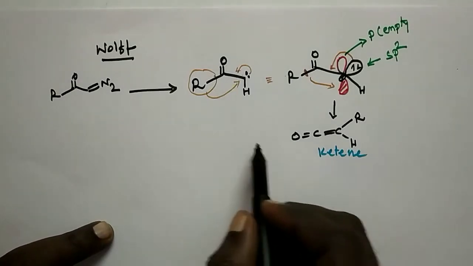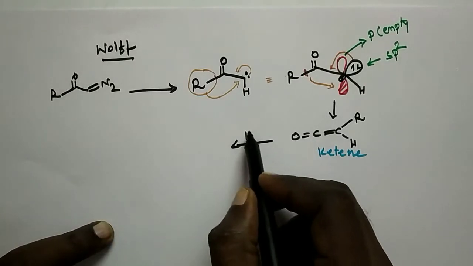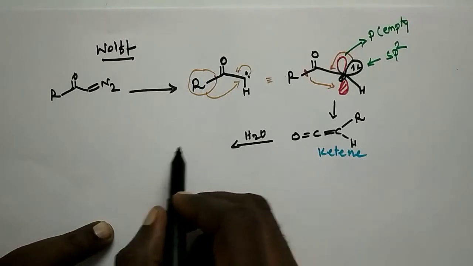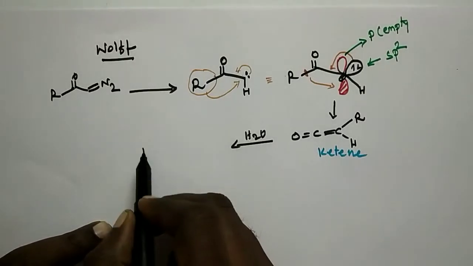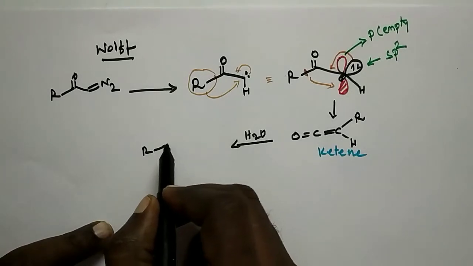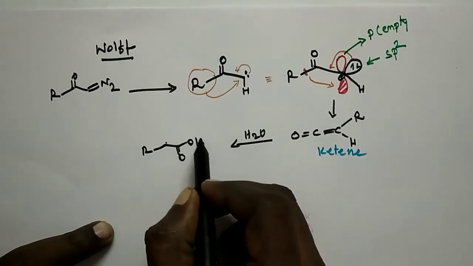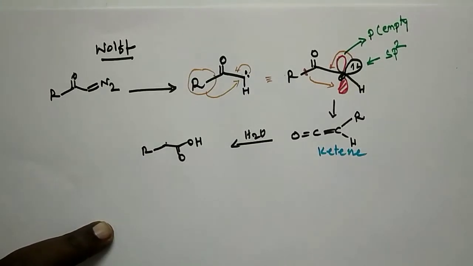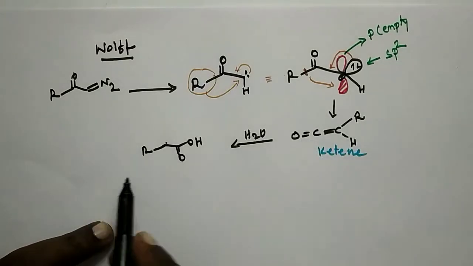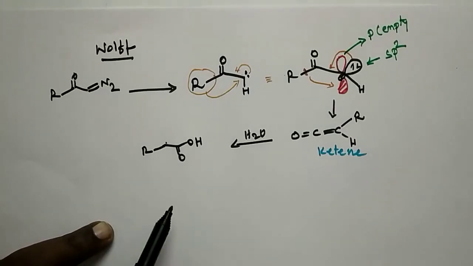So this ketene can be converted, by treating with water, into RCH2COOH.